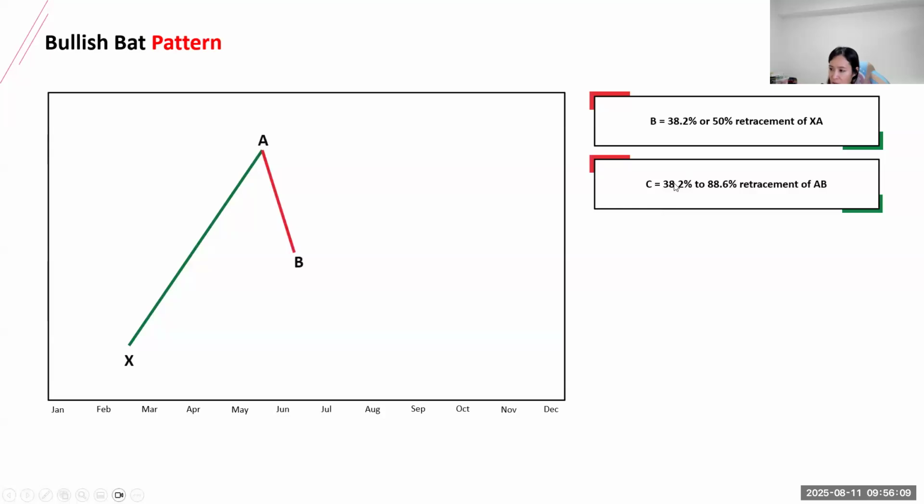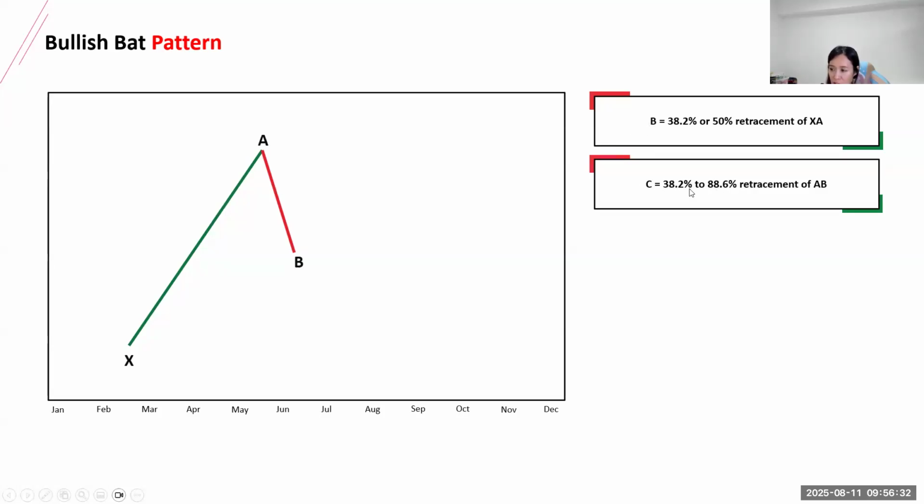And then C, okay, for a harmonic pattern, usually C can retrace anywhere between 38.2 to 88.6%. The only one that determines the pattern is the B leg, how many percent it retraces.